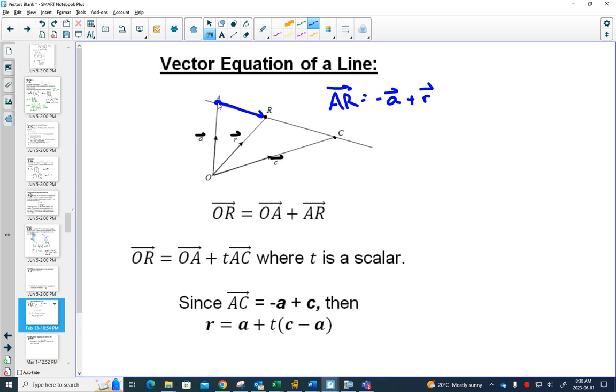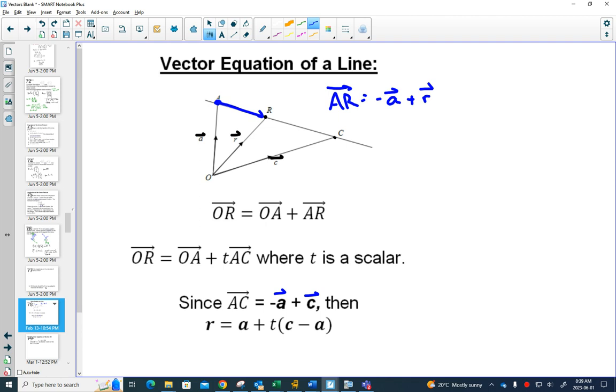If you want to get to another point on the line, you just have to go up this distance from A to R, go more of that. So we have our equation of our line.